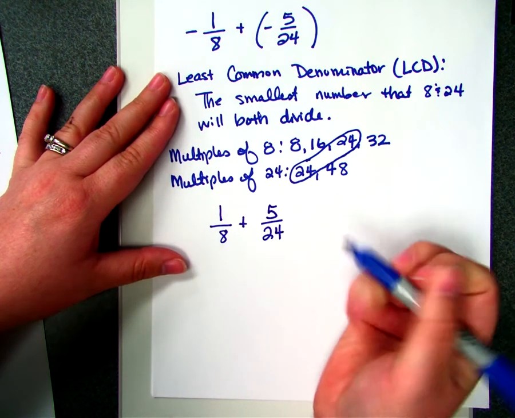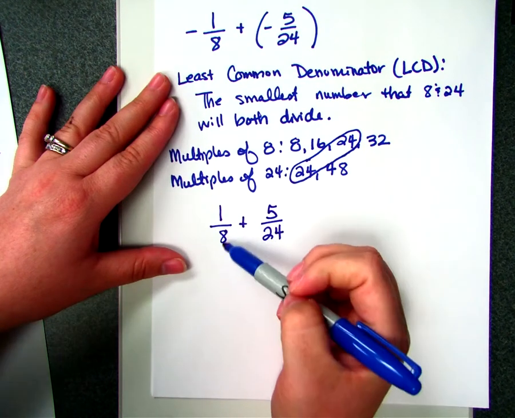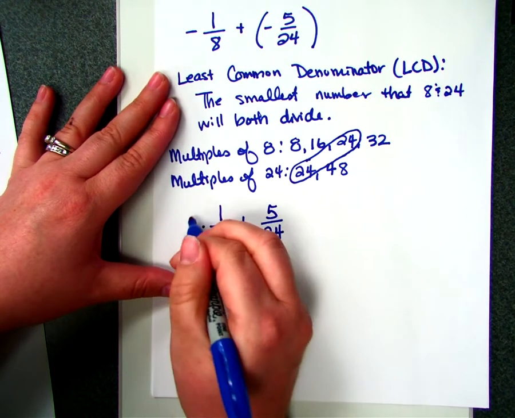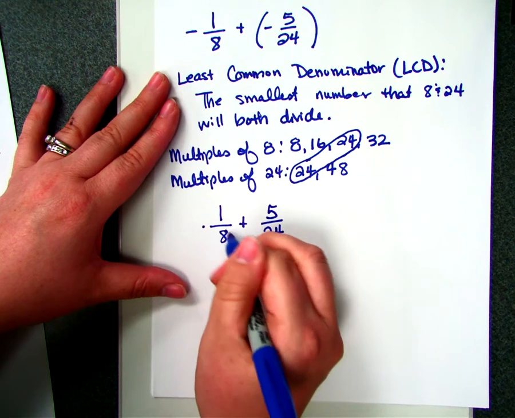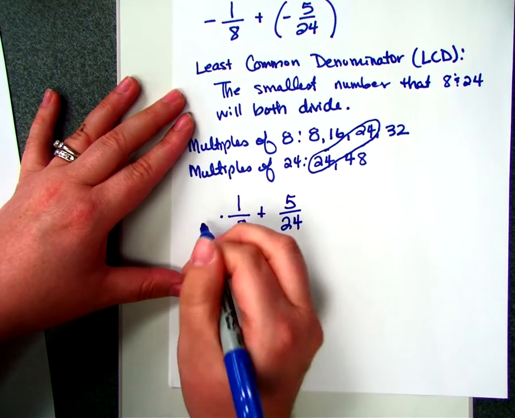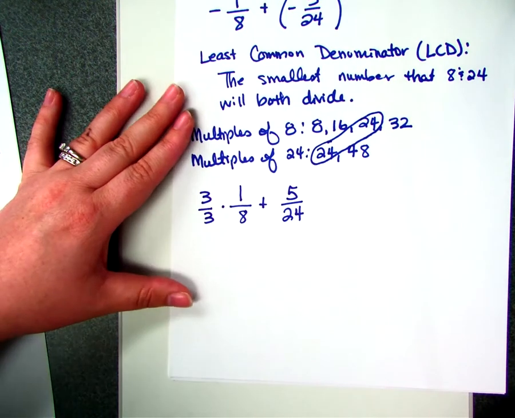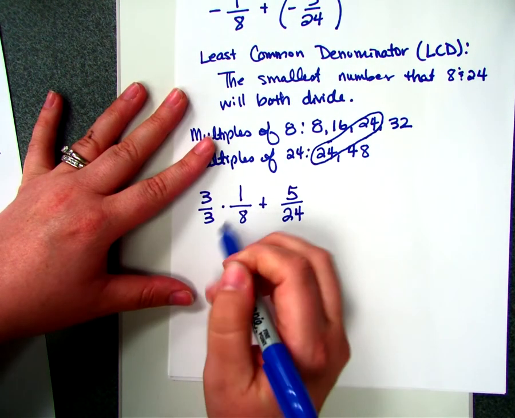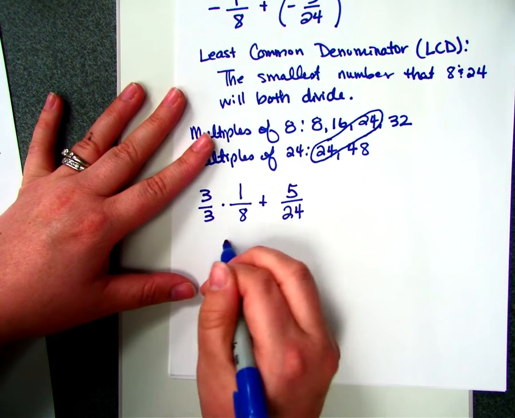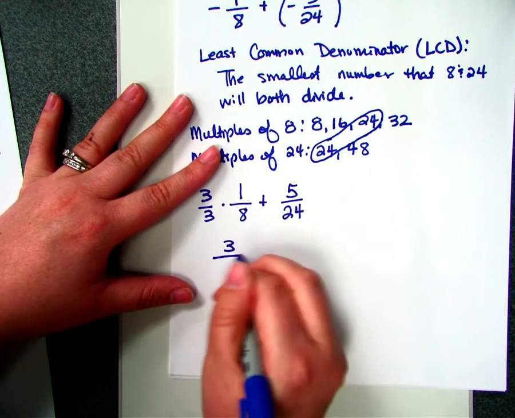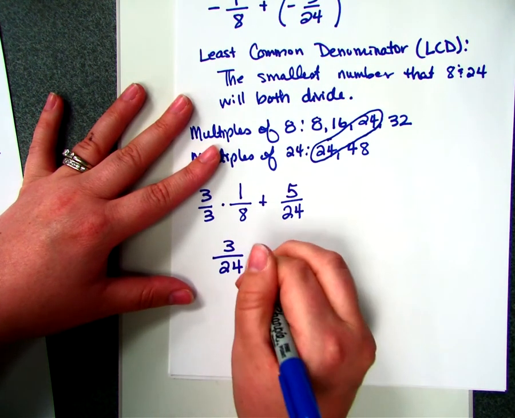This has 24 pieces to my circle, so I need to make sure that this one also has 24 pieces. So the way I do that is through multiplication, and the number that I would multiply by 8 to get 24 is 3. When you multiply two fractions, you multiply straight across. So 3 times 1 is 3, and 3 times 8 is 24.